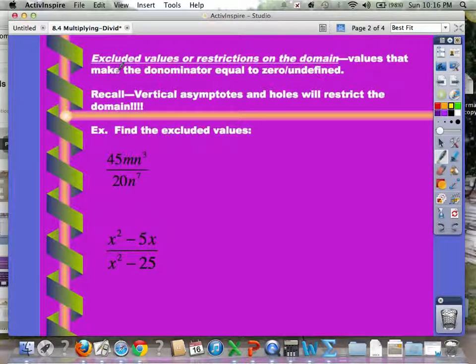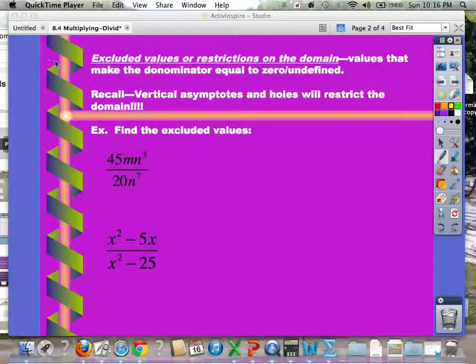All right, so when we are talking about this, we are going to be talking about excluded values or restrictions on the domain. And we talked about that last section, 8.3, with the asymptotes and the holes and all that stuff.